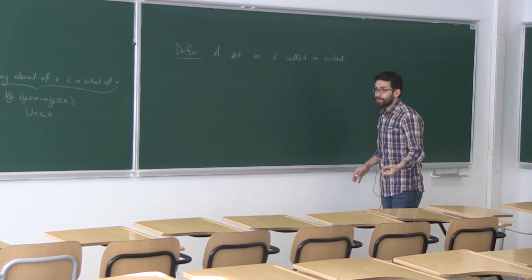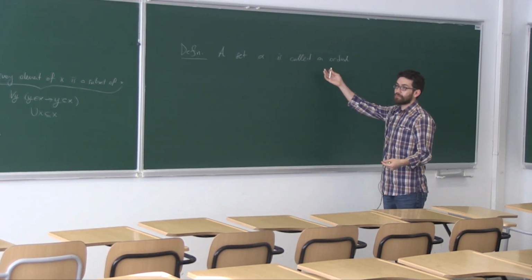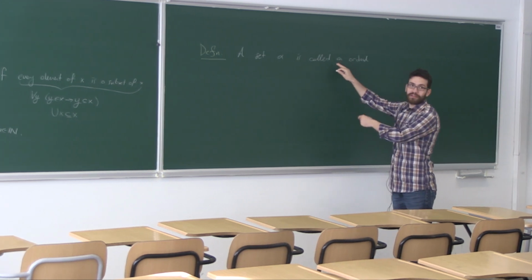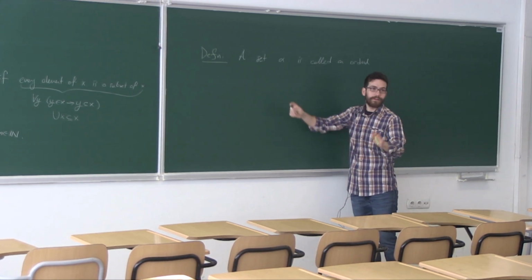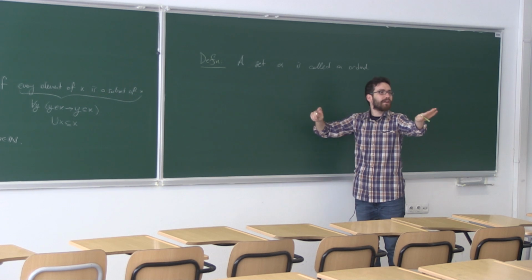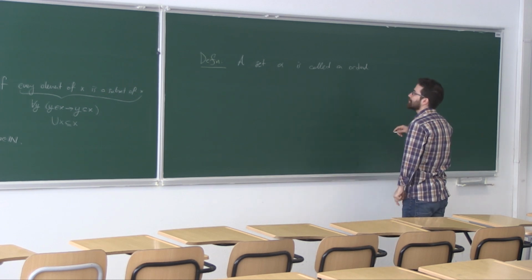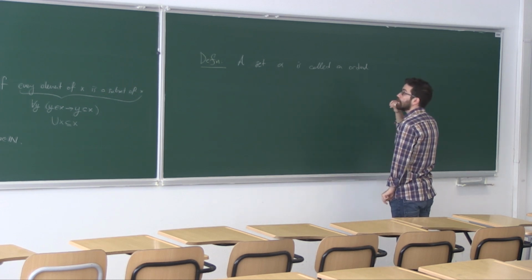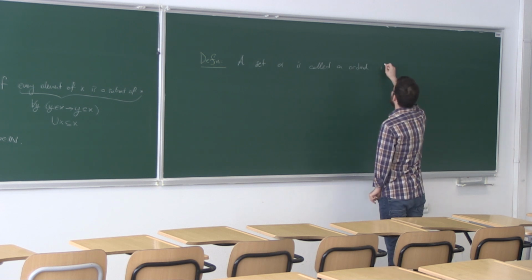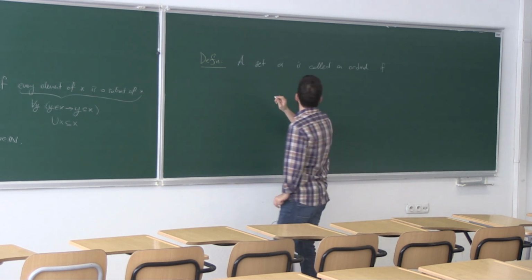In future, it is possible that I may forget to write that something is an ordinal number and simply use the letter alpha. From now on, if you see an alpha, you should assume that that's an ordinal number, unless I say otherwise.